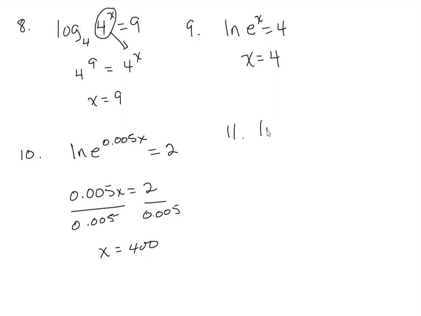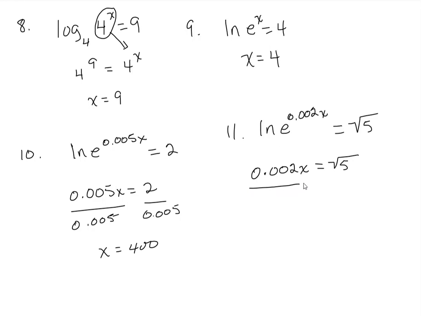Problem 11, I have the natural log of e to the 0.002x power, and that's going to equal the square root of 5. Kind of an odd looking problem there. But on the left-hand side, I can simplify this because the natural log here is of base e, and this is base e, so this is just going to be 0.002x equals the square root of 5.